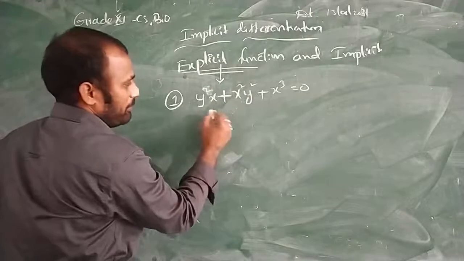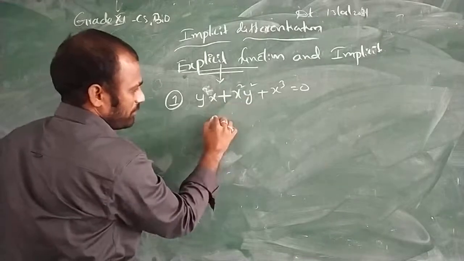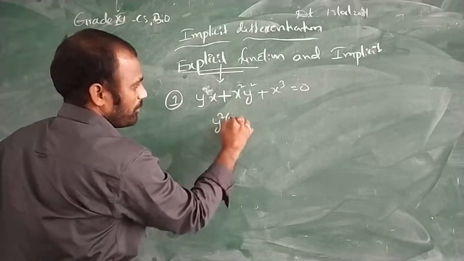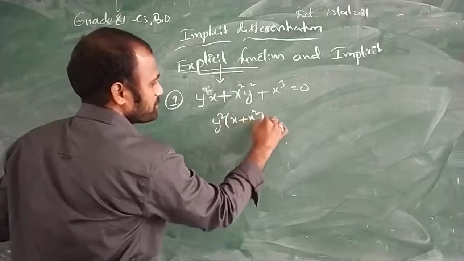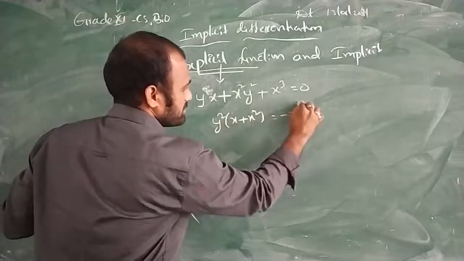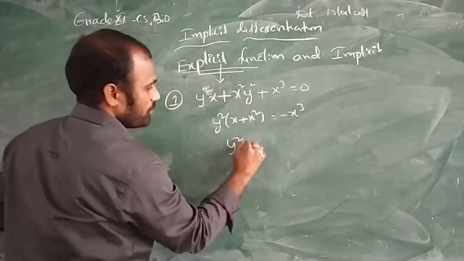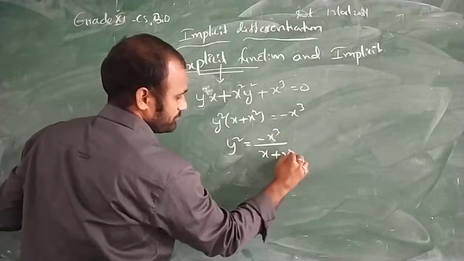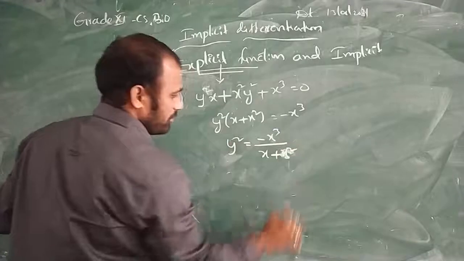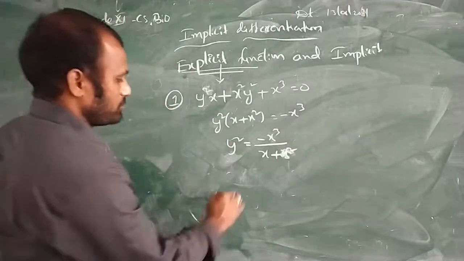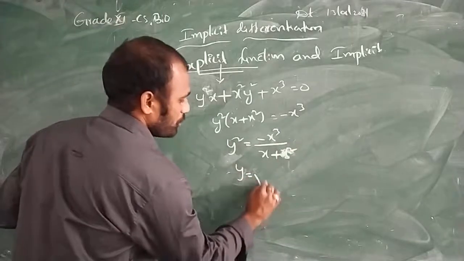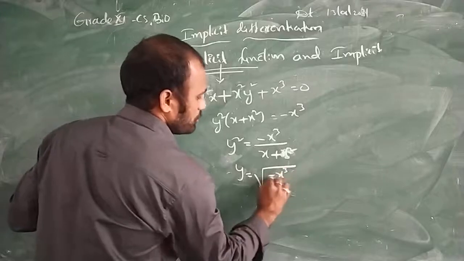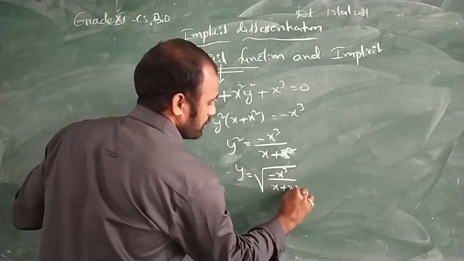If I take y square common, it is left with x plus x square is equal to minus x cube. So y square is equal to minus x cube by x plus x square. So y equals root of minus x cube divided by x plus x square.